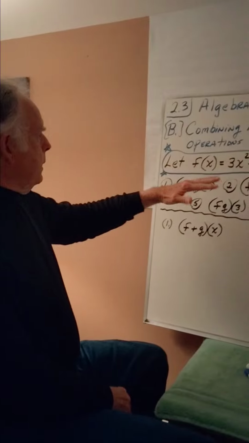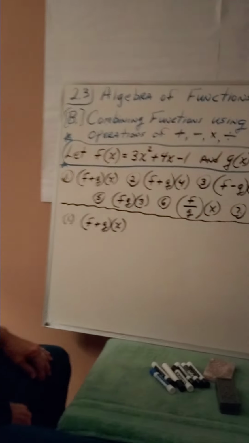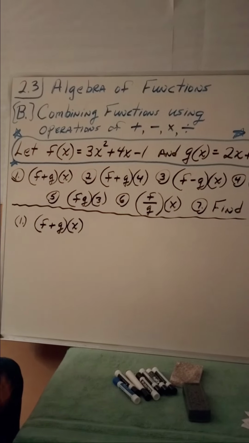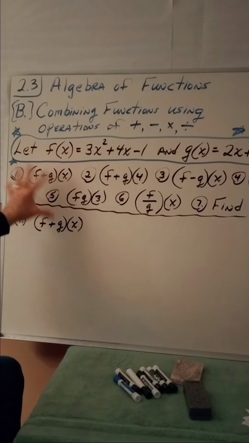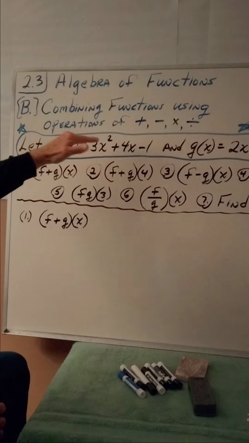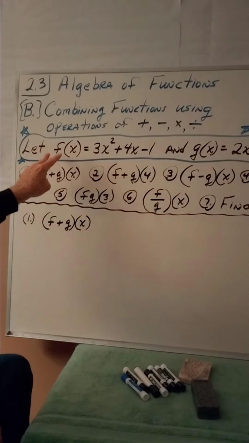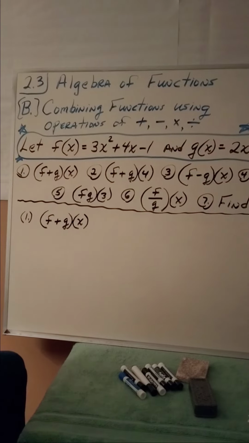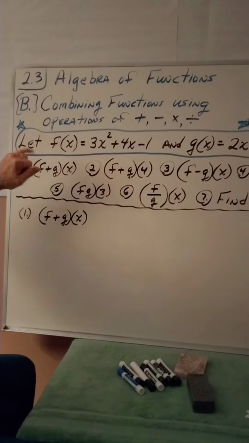Here's what we're going to be doing. You've got to have something to work with. You can't go operating with functions until they identify the two. So we're going to be talking about function f and function g, and here's what they are.